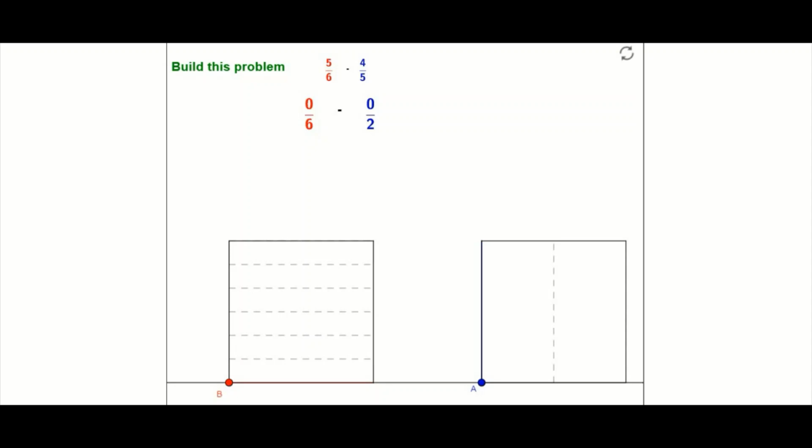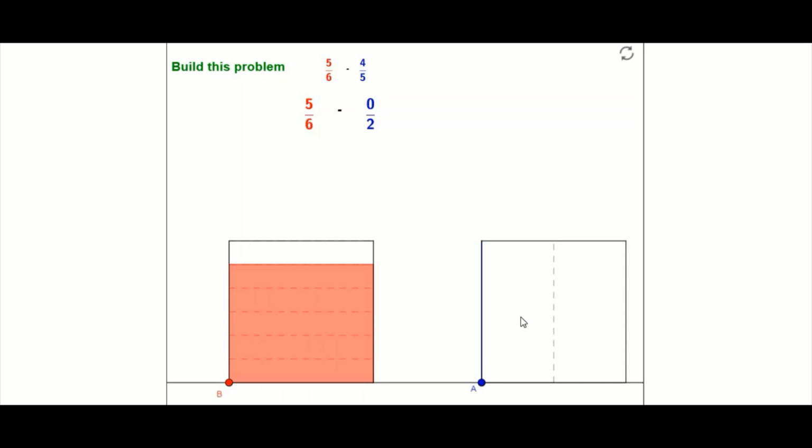So now I have 6 equal parts. Now the numerator tells me how many parts I need to shade, so I need to shade 5 parts out of the 6. 1, 2, 3, 4, 5. Now I have the fraction 5 over 6 represented on this rectangle.